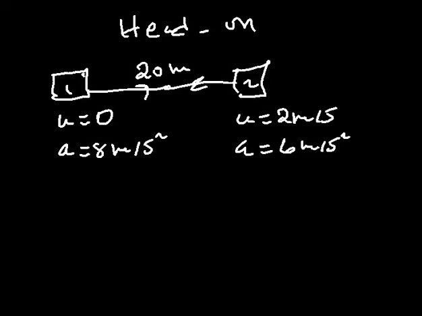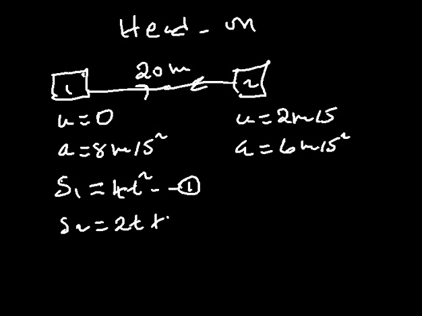Using the displacement formula, for object 1 the displacement should be 4t square, and that is equation 1. And how about S2? We can have it as 2t plus 3t square. That is equation 2.